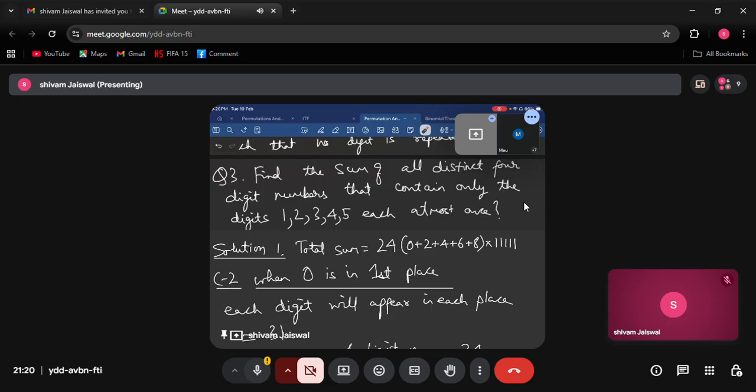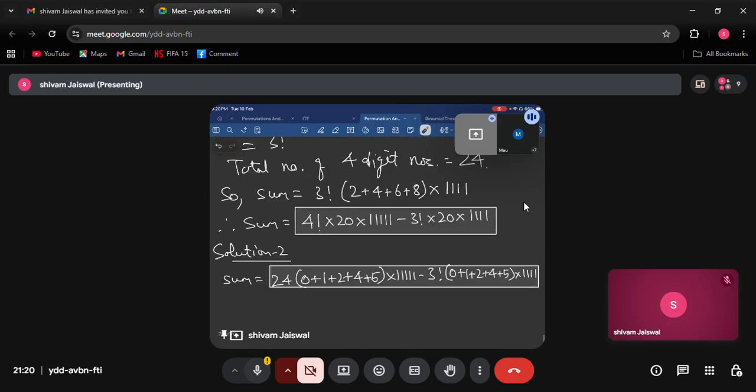Okay. Yes, sir. Mimel, also your answer is correct. So I think only Devank is left. Okay, Devank, pay attention. Find the sum of all the distinct four-digit numbers that contain only the digits 1, 2, 3, 4, 5, each at most once.